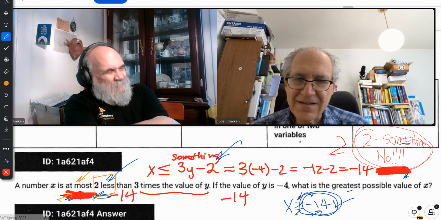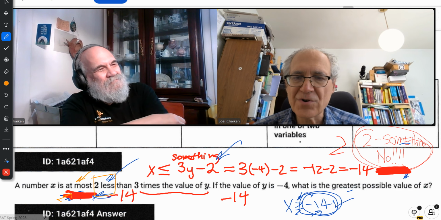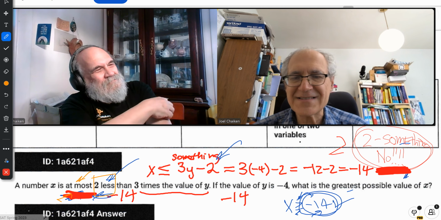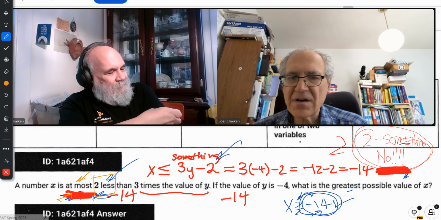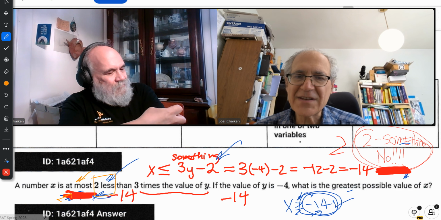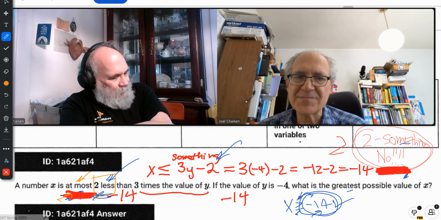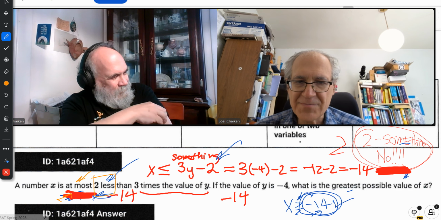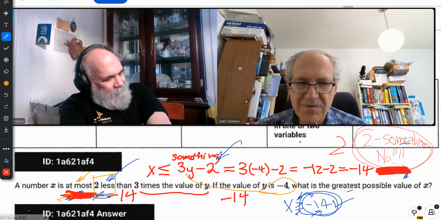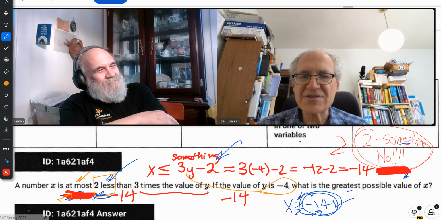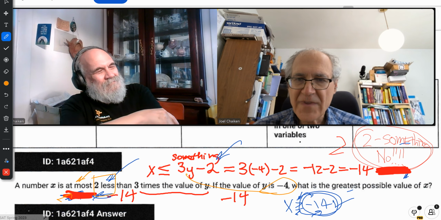And then I guess they're trying to see your skill level in translating English into math and solving, and also understanding and not being scared to just substitute. Because once you write the equation, the skill of substitution comes in, where you substitute for y, you substitute negative 4. And of course, the skill of reading the question comes in. So there are a bunch of skills that this question requires.